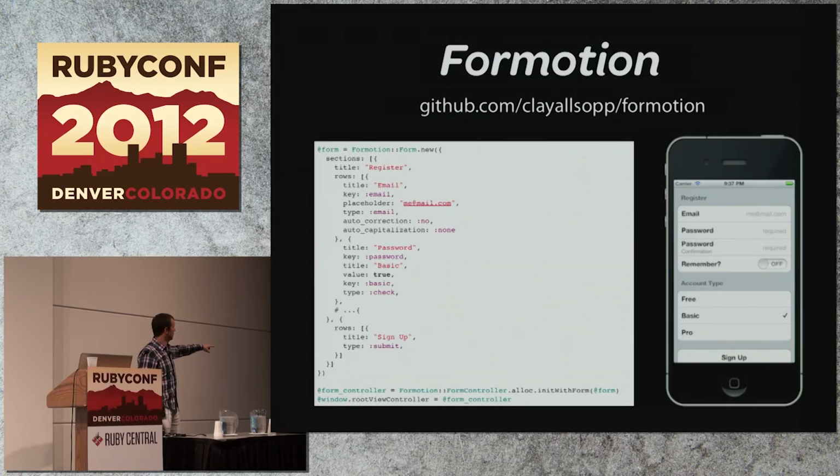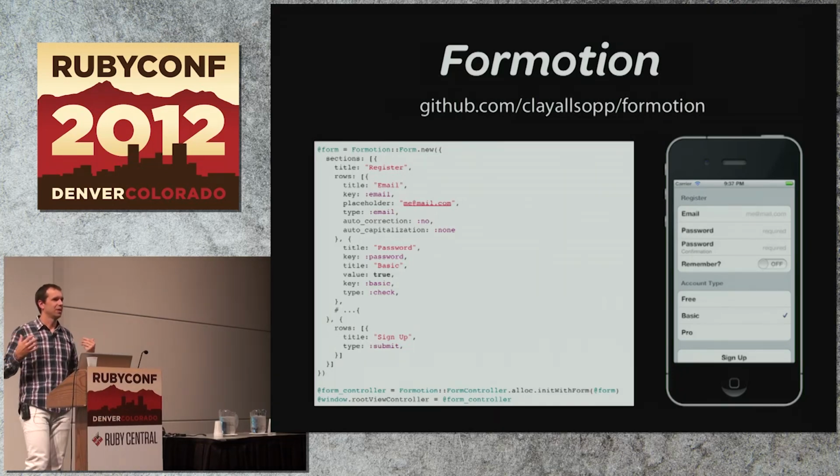And at the bottom, you can't really see it, but it just says FormotionFormController alloc init with form, and you pass that Formotion form, and it will actually build that view for you. And you could set data into it and get data out of it as keys and values. Amazingly simple to do that sort of thing.